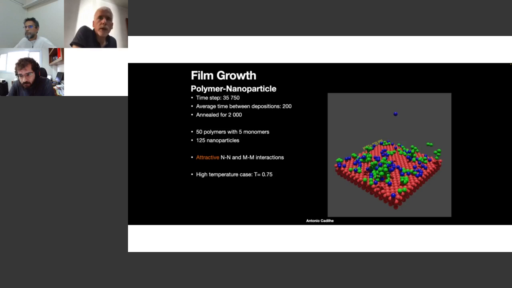This is still ongoing work, and I'm still looking for the time scales that I will get from the experimental side, in order to compare the magnitudes of the time scales.